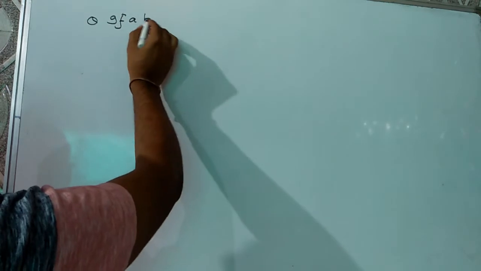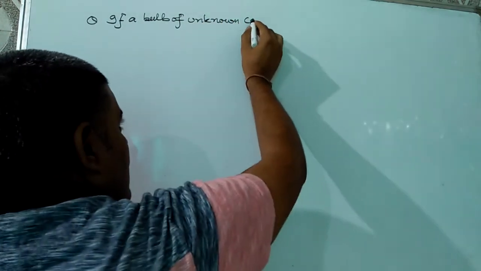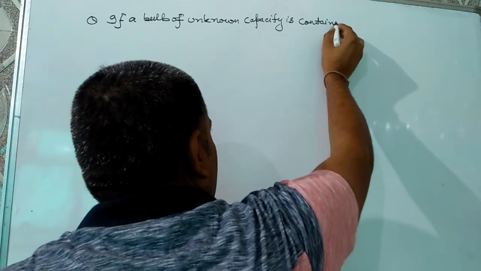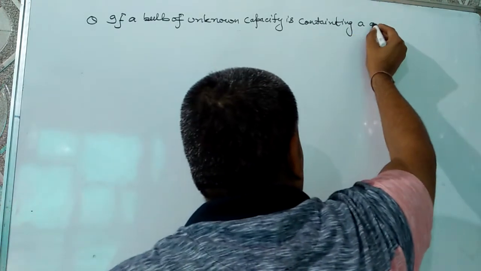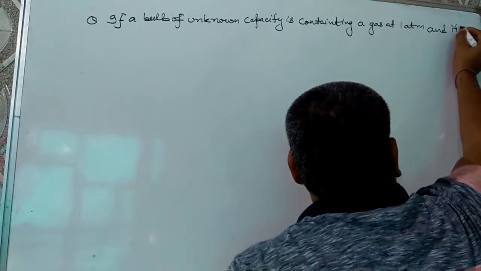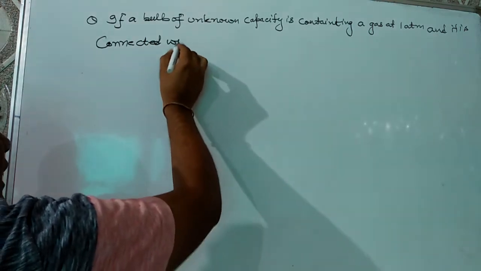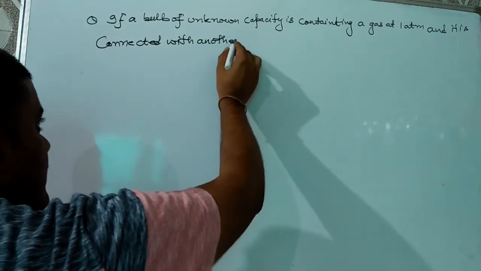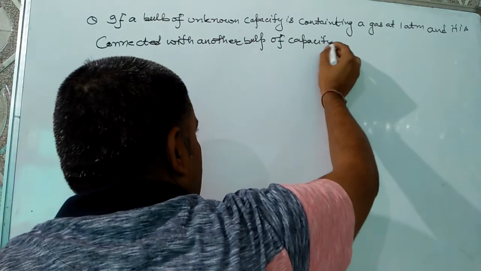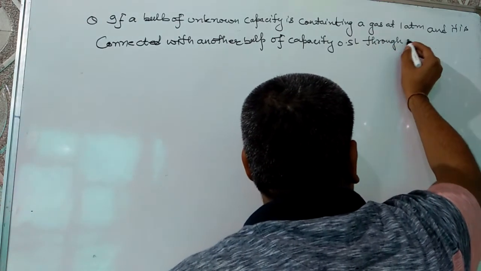If a bulb of unknown capacity is containing a gas at 1 atmosphere and it is connected with another bulb of capacity 0.5 liter through a stop cork.